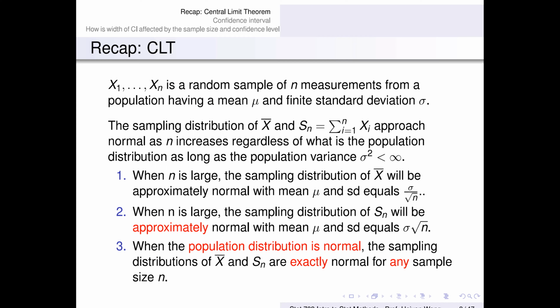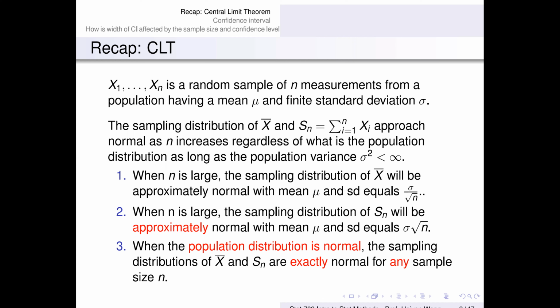We know the sampling distribution of x bar, and the total Sn, is approximately normally distributed when the sample size n is large. And this requires the population variance to be finite.